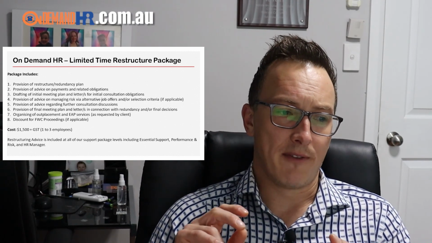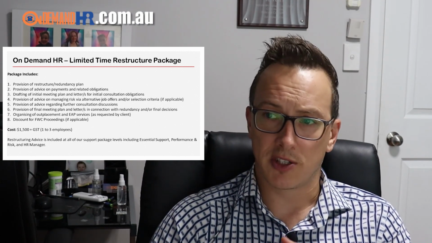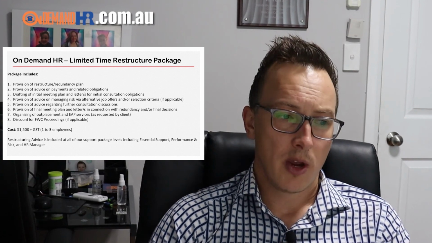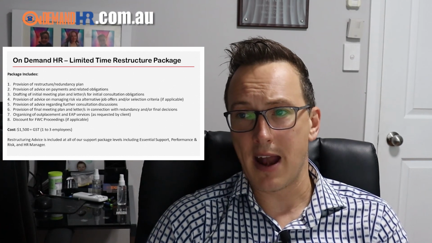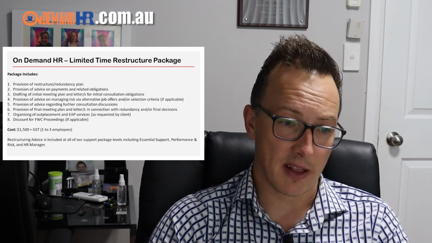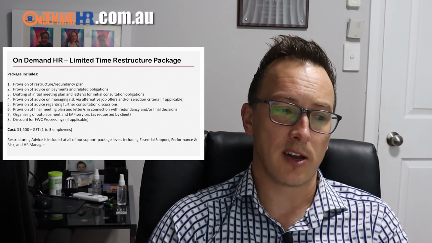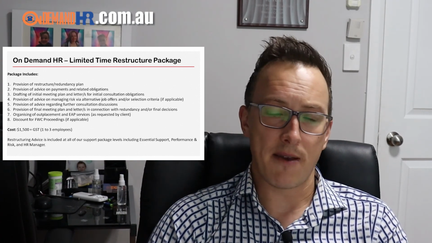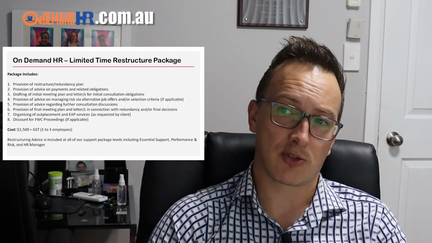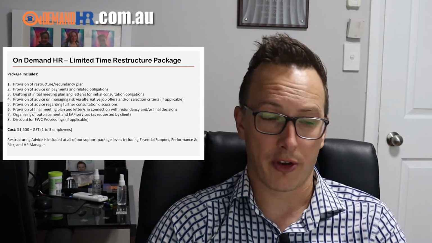We would give you advice about the alternative jobs and selection criteria if it's applicable. We give you advice on the further consultation discussions, the final meeting plan, the final meeting and the discussions and letters around those things. We can organise for you outplacement at EAP, and we can give you a discount for the Fair Work Commission proceedings should you need us to represent you should any matters go before the Commission.